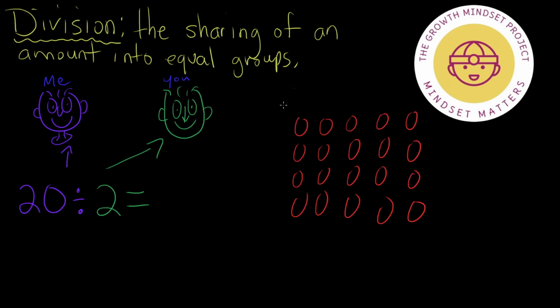And we can do that, okay? Here's how we're going to. I am going to circle this group, okay? So we'll call this group 1. Let's see, how many do we have in group 1? Well, let's count. 1, 2, 3, 4, 5, 6, 7, 8, 9, 10. We have 10 apples in group 1.